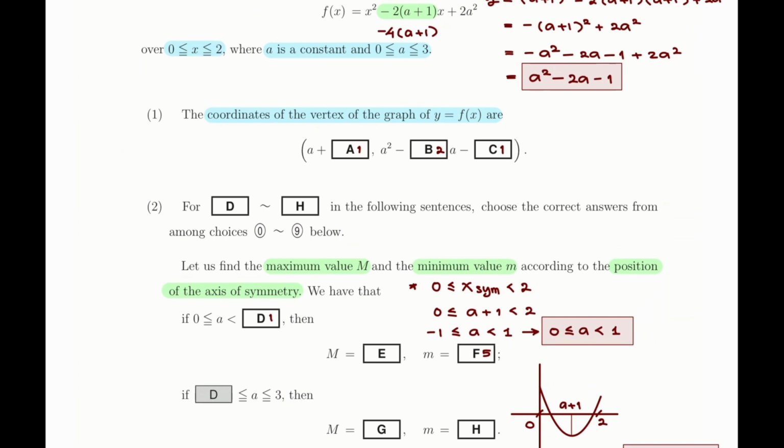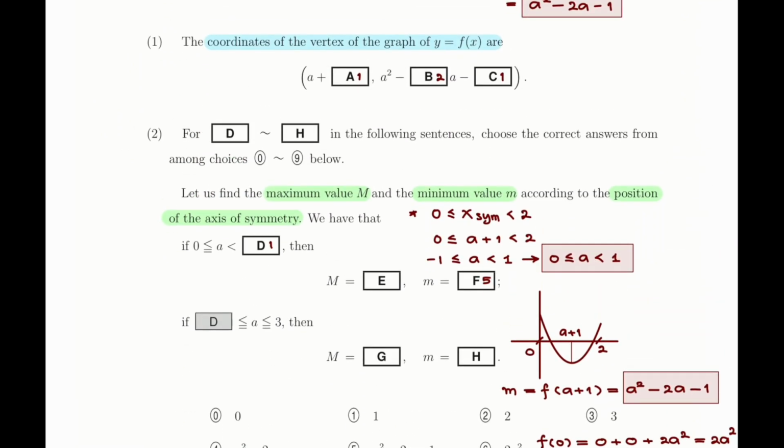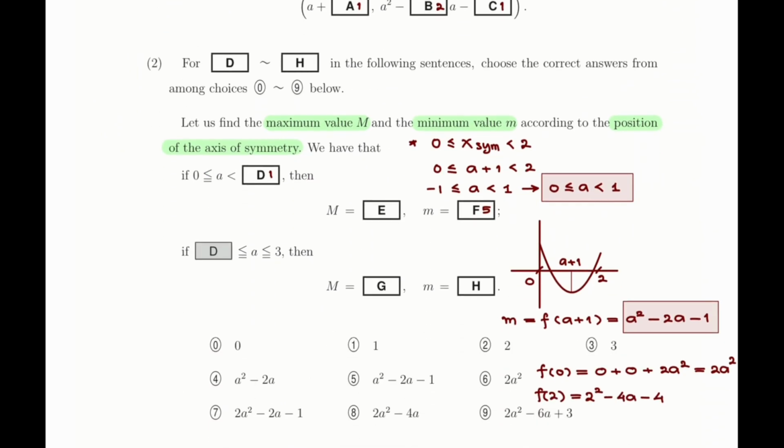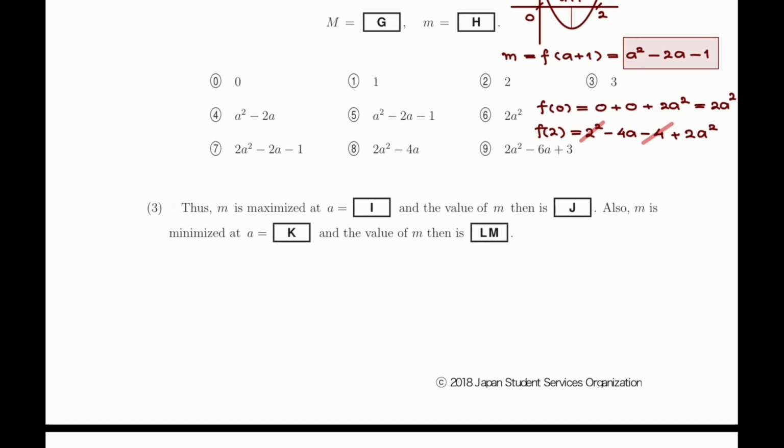If you expand it, you will get negative 4a minus 4, and then plus 2a square. If you simplify it, the 4 minus 4 cancels out. So f(2) is equal to 2a square minus 4a.